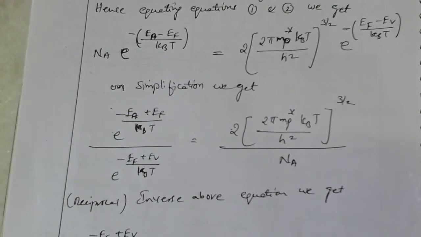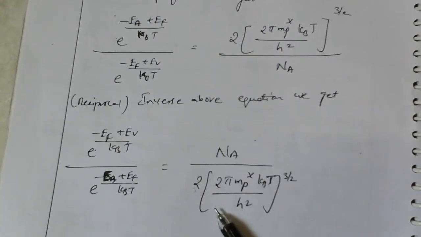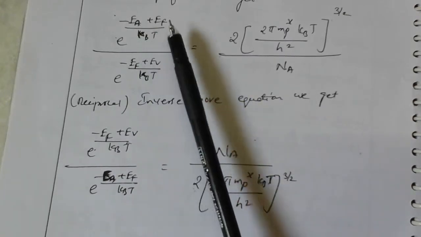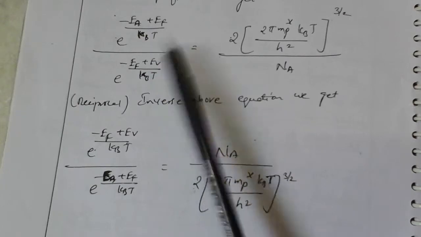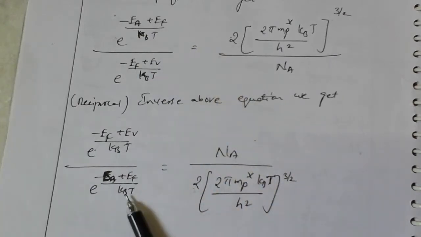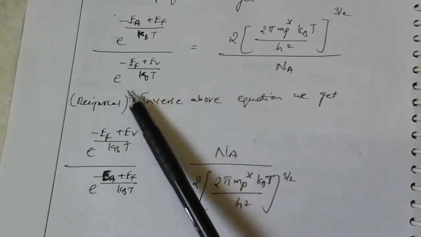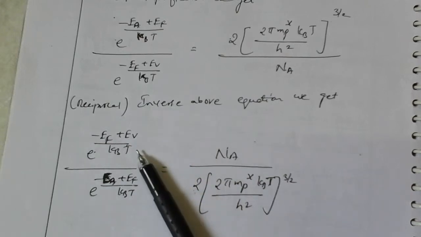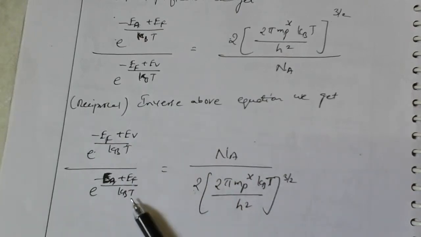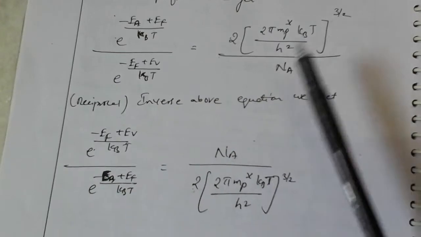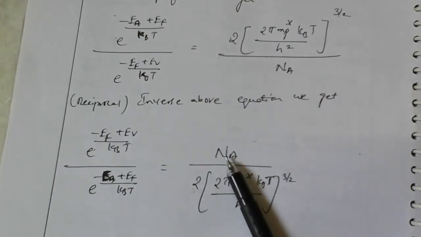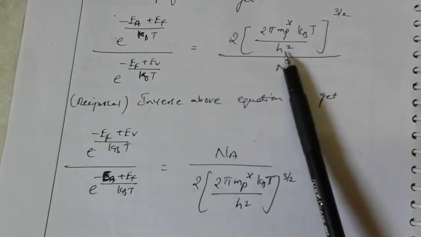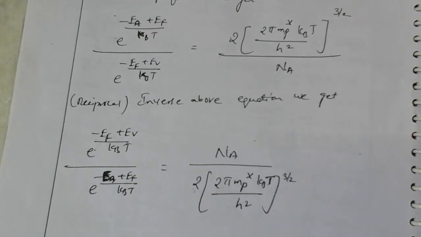In the above two equations, if you see carefully, doing the reciprocal, e power of (Ea minus Ef) by kBT we are writing as a denominator, and e power of minus (Ef minus Ev) by kBT is written as a numerator. This is called reciprocal. Next, Na is written in the numerator, 2 into (2 pi mp star kBT by h square) whole power 3 by 2 is written as a denominator.